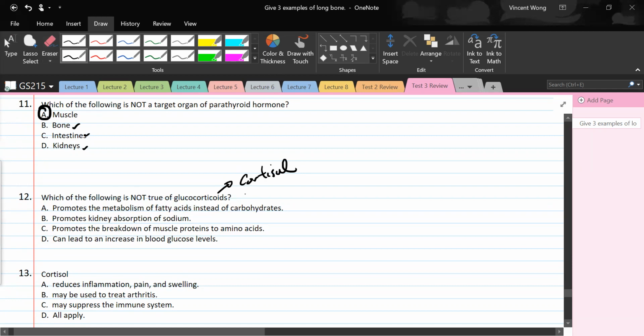That's a true statement. I remember I said it saves the good stuff, the glucose, for the brain during long-term stress. Promote kidney absorption of sodium. That's not the function of glucocorticoids. That's the function of aldosterone, which is also from the same endocrine gland, but a different hormone. These two are also functions of cortisol.